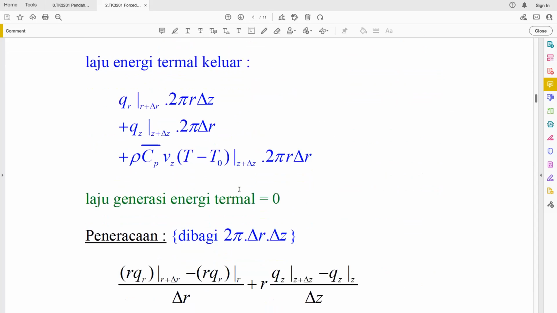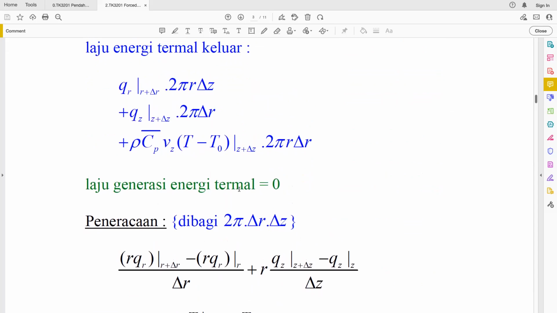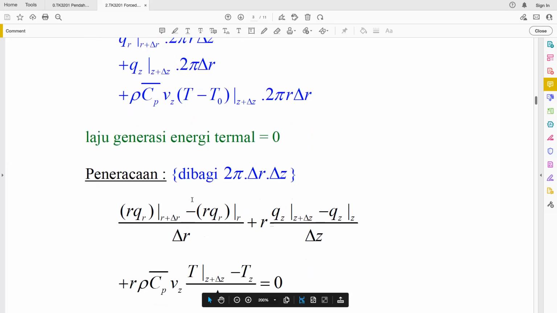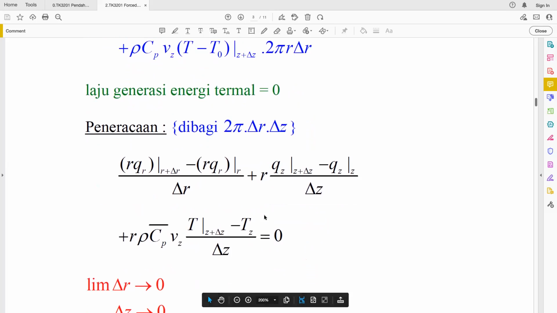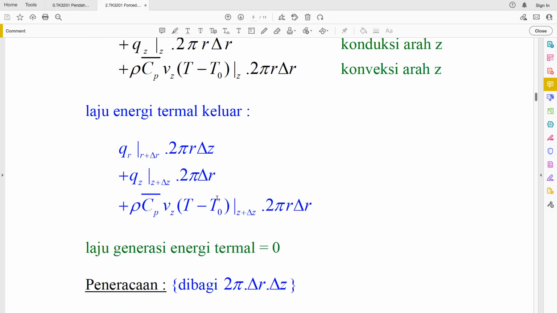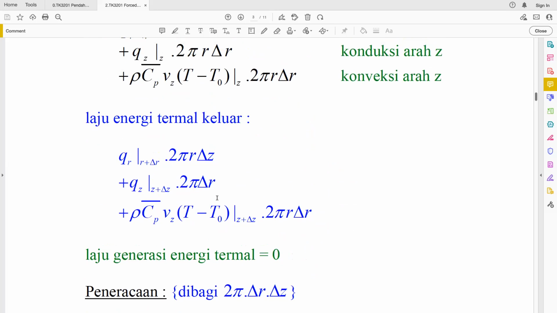Then when you divide by 2π delta r delta z, you get something like this. After that, maybe you need to try it by yourself to find it. And then again for the convection, you need to write it out.